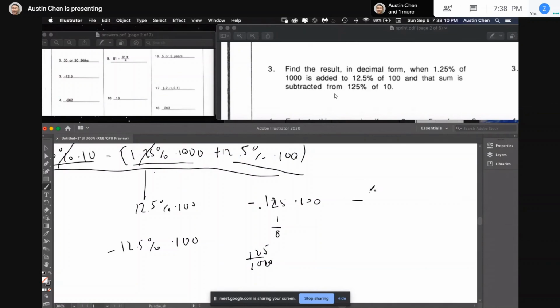All right, so now we have negative 1/8 times 100, and you can cancel out a 4 from both of them. So now we have negative 25 halves, but it says find the result in decimal form, right? So don't forget to convert this into a decimal, which would just be negative 12.5 if you divide that out. So yeah, that's our answer.